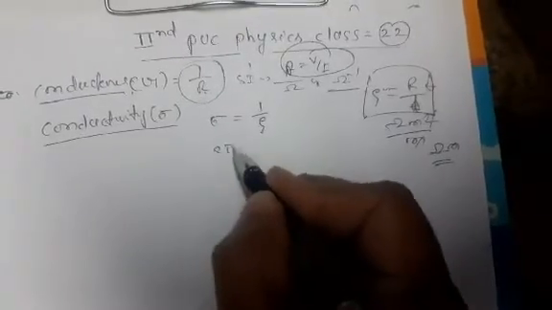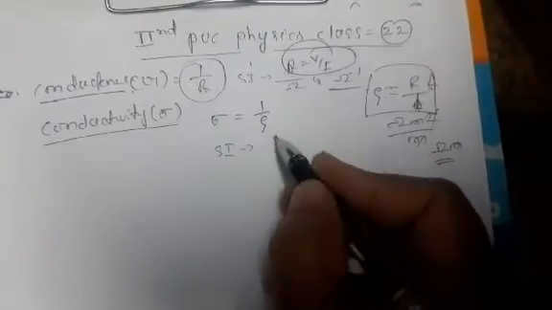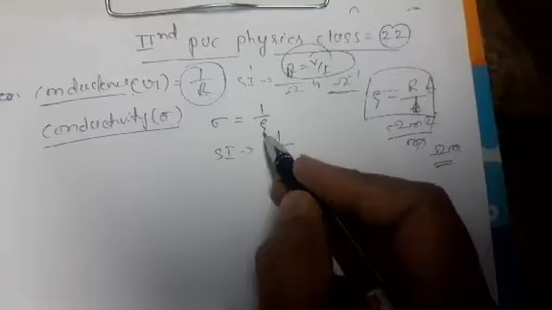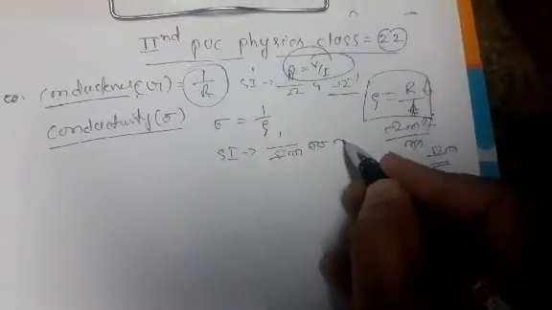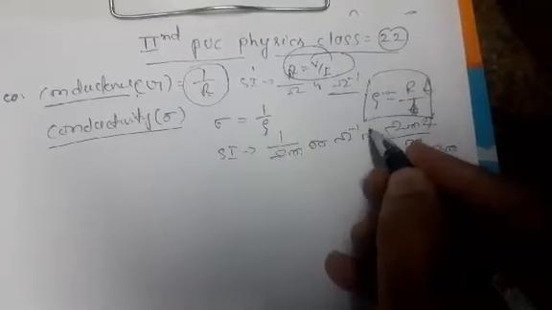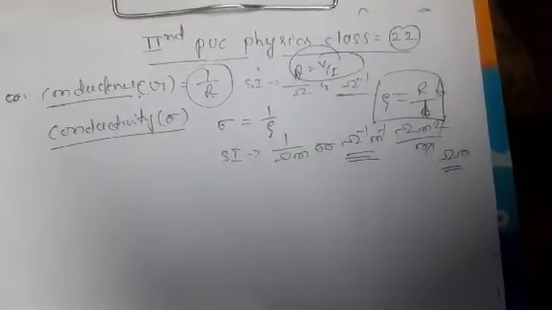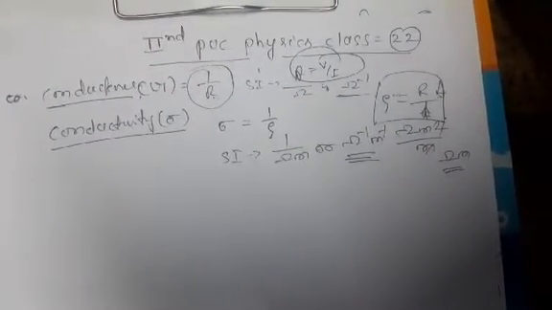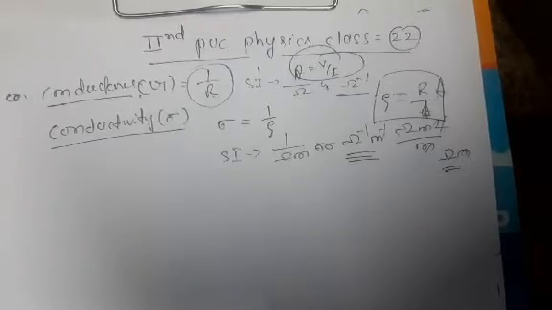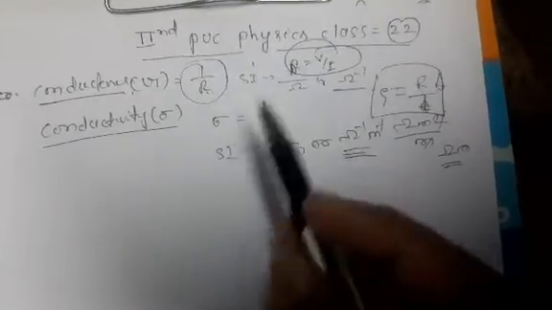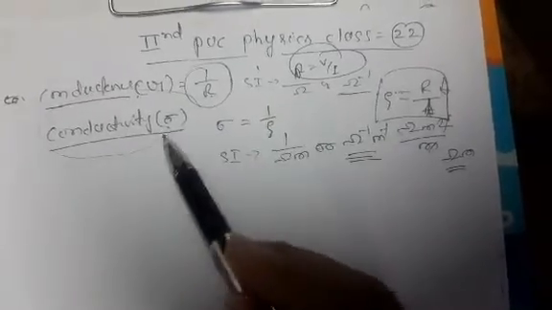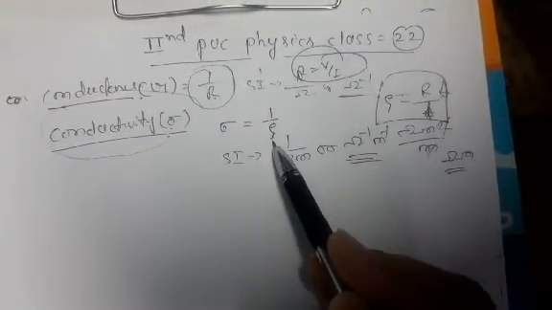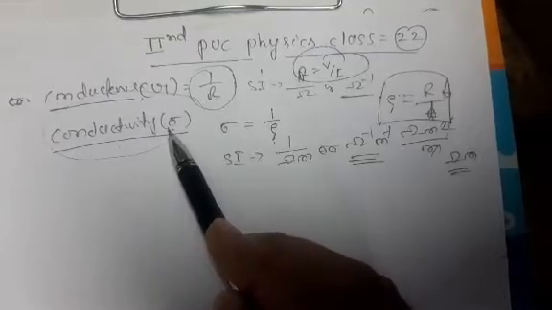What is the SI unit of conductivity? It is 1 divided by the unit of resistivity, that is ohm meter, so ohm inverse meter inverse. The conductivity, whose symbol is sigma, is defined as the reciprocal of resistivity.